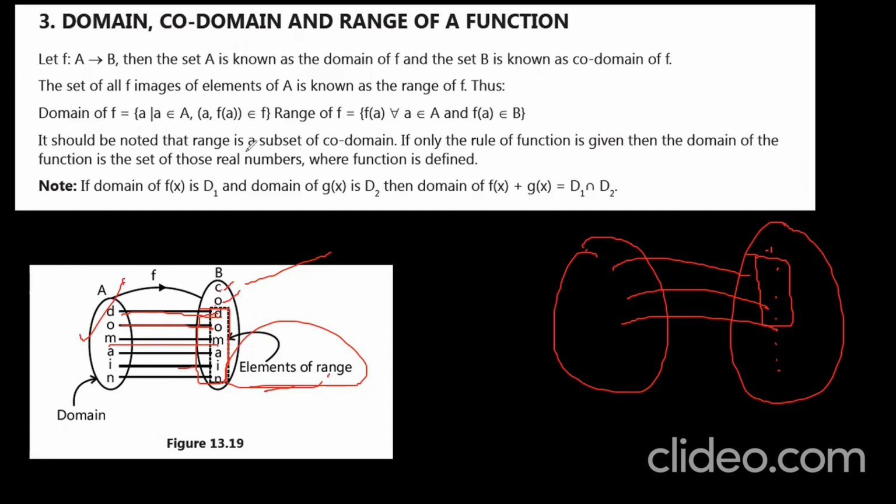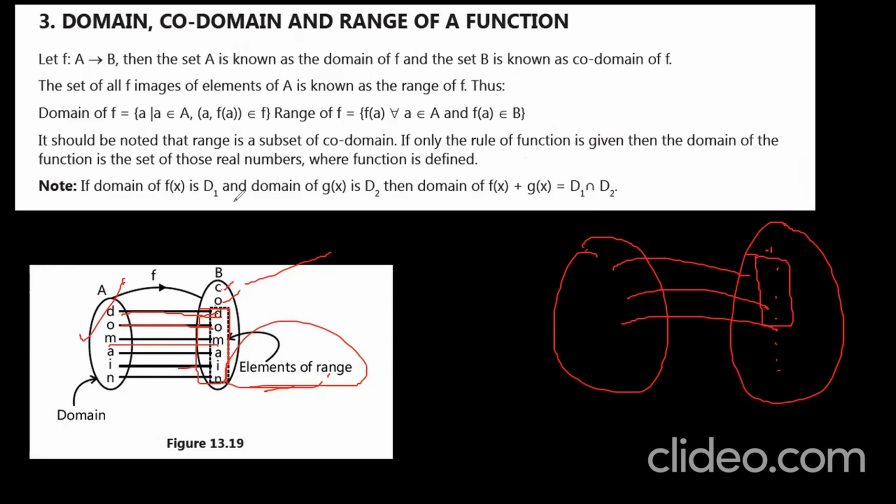It should be noted that range is a subset of codomain, right? Codomain means all the elements. Range is only particular elements. So range is a subset of codomain. If only the rule of the function is given, the domain of the function is the set of those real numbers where the function is defined.